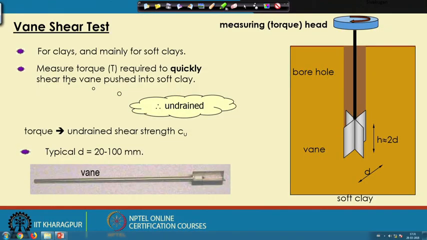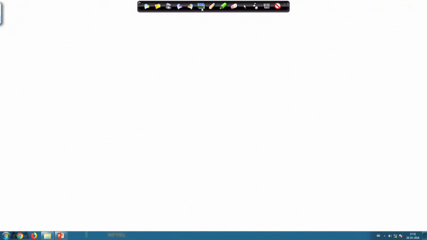And then I will discuss the type of sampler that we generally use to collect the soil sample from the field. So, first, let me use a typical example to solve the cone penetration test data.